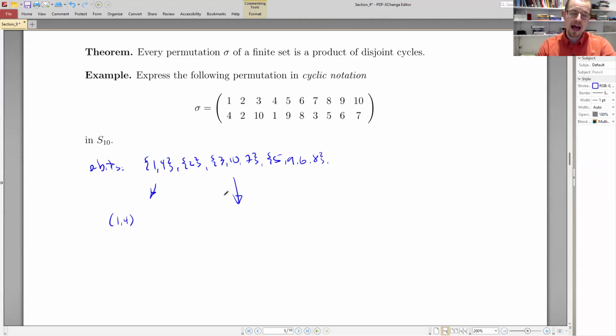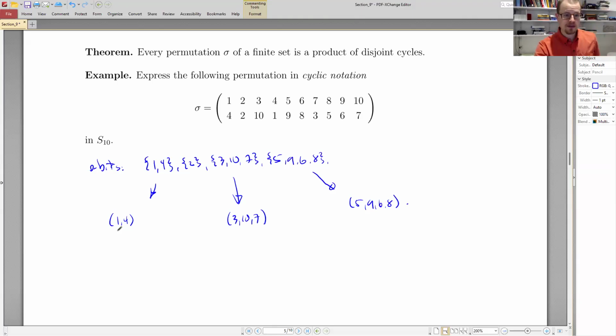If it were the only orbit that had more than one element in it, this would describe the cycle (3 10 7). And if this were the only orbit that had more than one element, that would describe the cycle (5 9 6 8). So this orbit tells us about this cycle. This orbit tells us about this cycle. This orbit tells us about this cycle.